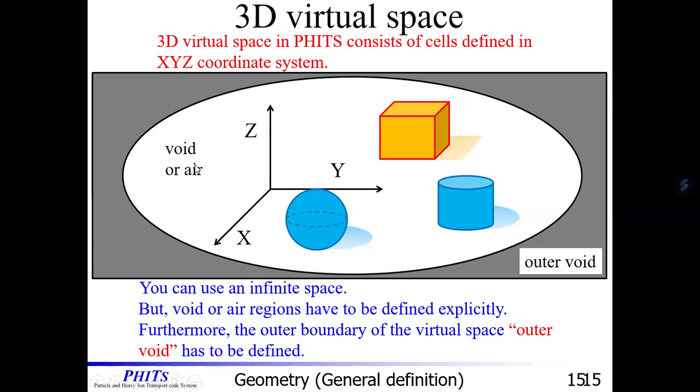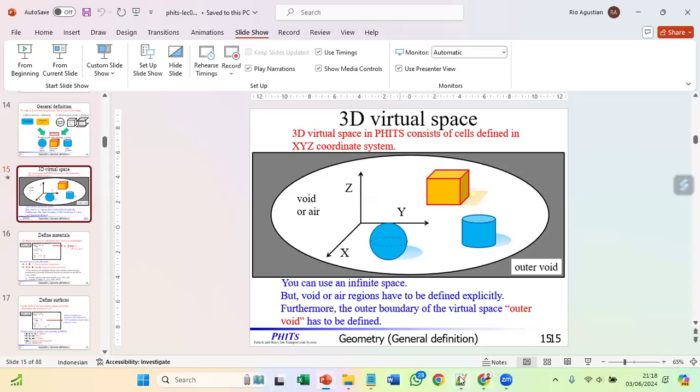You can pick a void where there's nothing, or you can put regular air. And we also must explicitly define the outer void. So first we're going to create these boundaries.